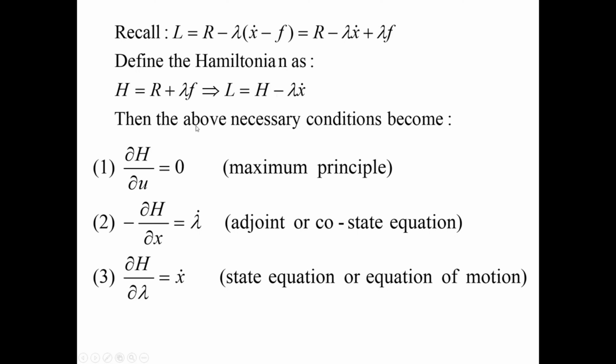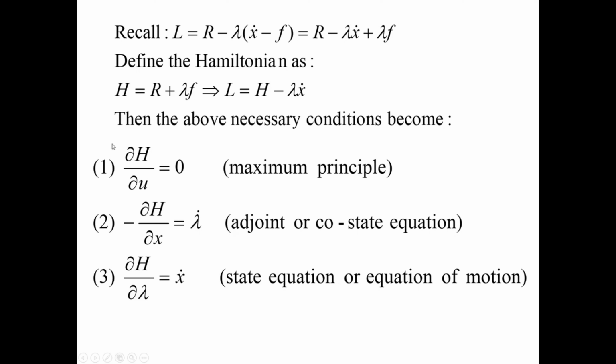So then all we need to do is restate the above necessary conditions, and these then become the partial of the Hamiltonian with respect to the control variable is 0. The negative of the partial of the Hamiltonian with respect to the state variable is equal to lambda dot, and the partial of the Hamiltonian with respect to the co-state variable is equal to x dot. So these are known now as the maximum principle, the adjoint or co-state equation, and then the state equation or equation of motion.